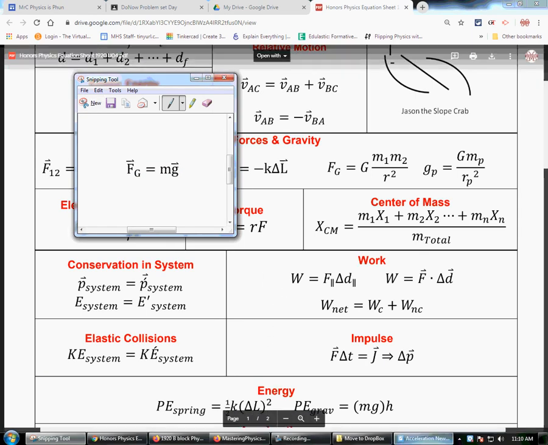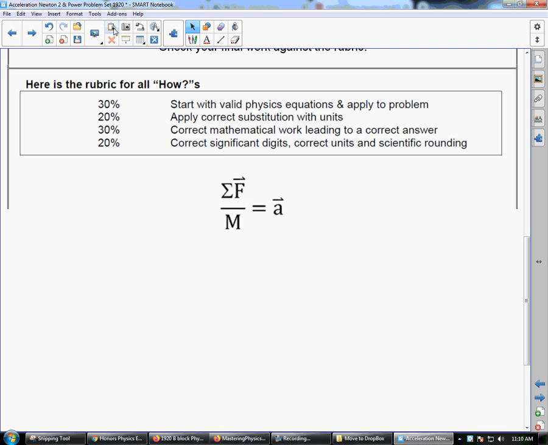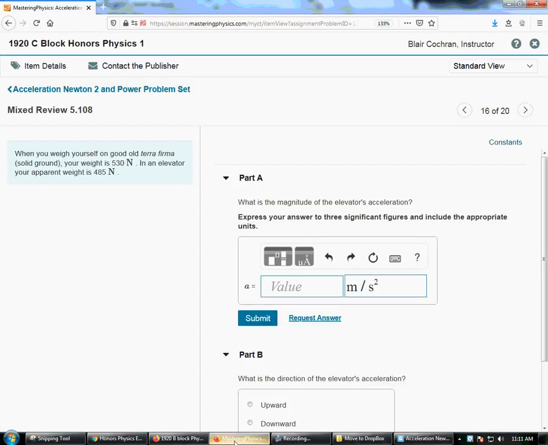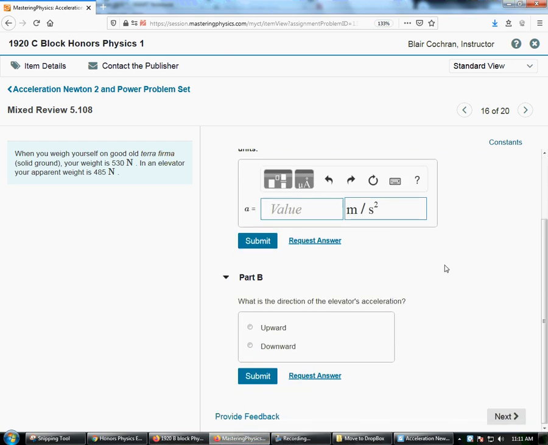And I'm going to need to use that. So from a couple units ago, we'll grab that one. So you weigh yourself on solid ground, your weight is this, and the elevator is this. What is the magnitude of the elevator's acceleration? Oh, and I just answered which direction, for me at least, right?